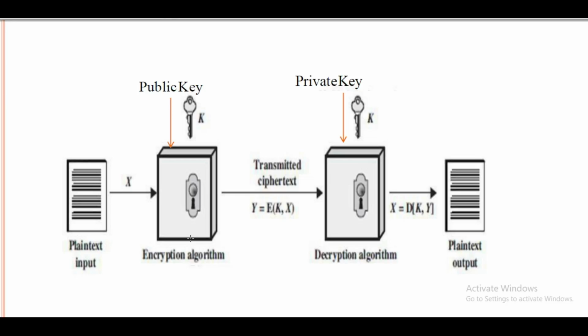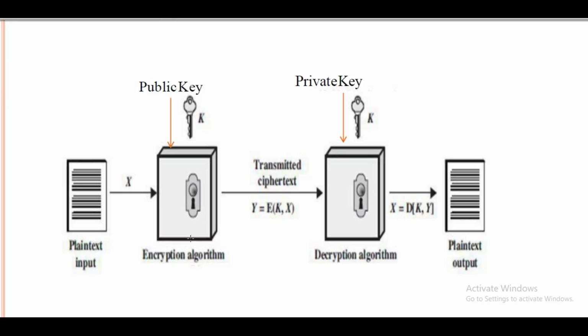Say for example we send the input message, which is X. That is converted into non-readable form first by applying the encryption algorithm. At that time we apply a key, which is a public key. The public key is known by everyone.